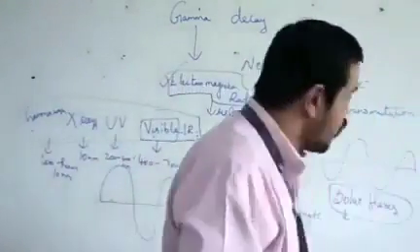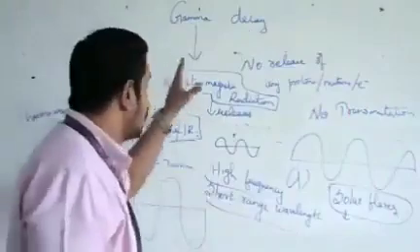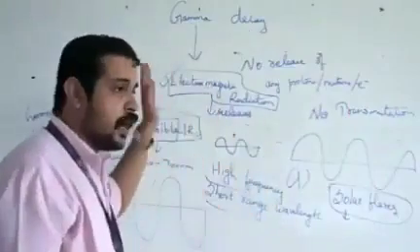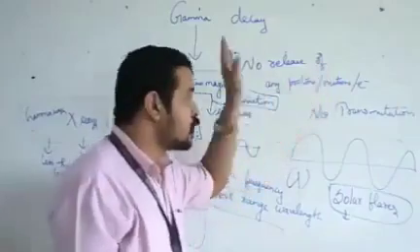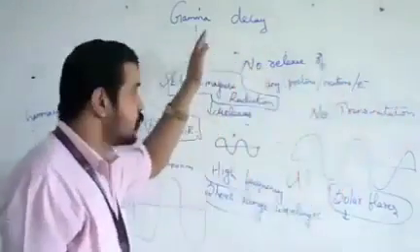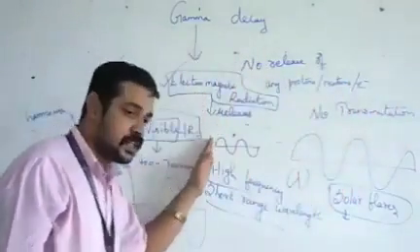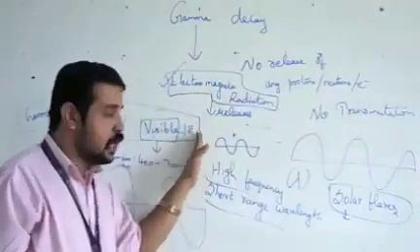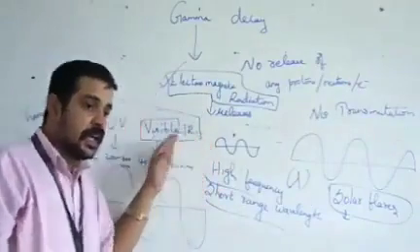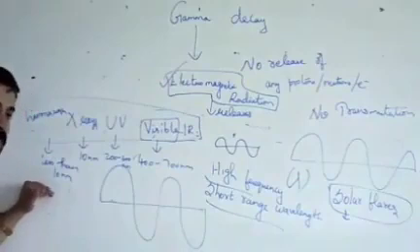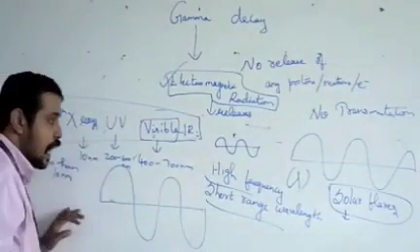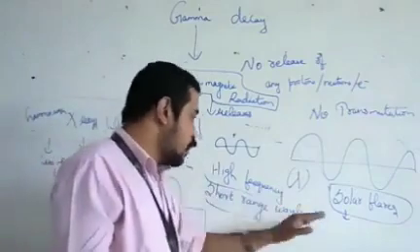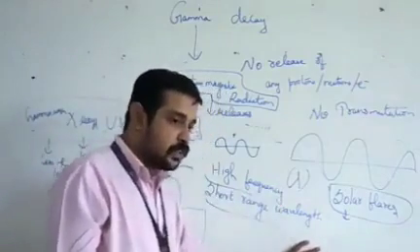Please understand, gamma decay is different from alpha and beta decay, wherein there is no release of electrons, protons, and neutrons. There is no transmutation. It simply consists of electromagnetic radiation that releases gamma radiation, which ranges less than 10 nanometer, and it is very near to X-rays, with a high frequency and a short wavelength.